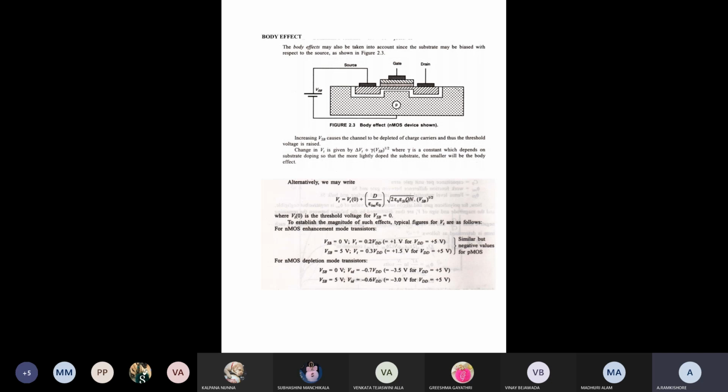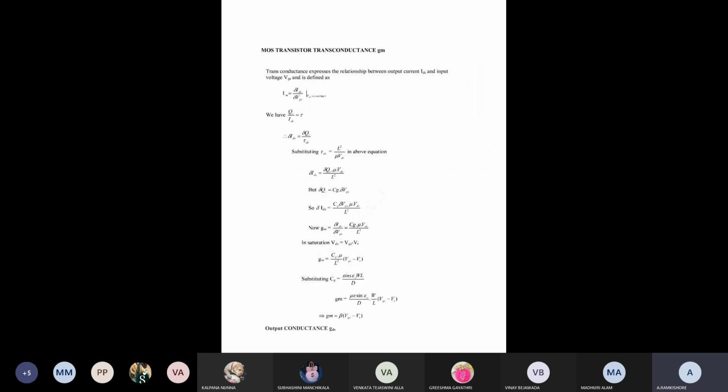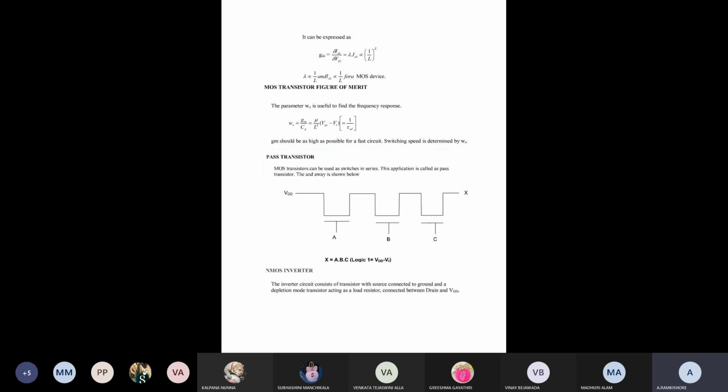So the threshold voltage will vary from one point to another for the same devices, and this variation causes the body effect within the MOS device. So that is about MOS transistor conductance, and we also have a figure of merit, which is related to the frequency response of the MOS device.